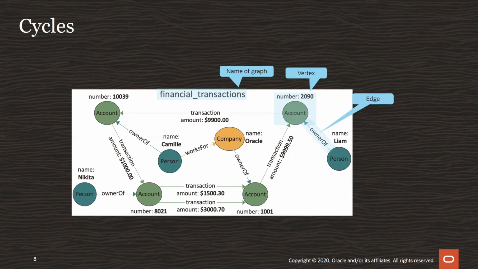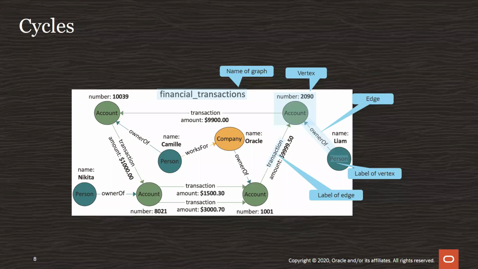Then Liam, as a person, is the owner of an account. So owner of account becomes the edge of that particular graph. The person who is owning that particular account becomes the property of that vertex, which is the label of the vertex. So the vertex is the account ID, and the person is the label or property of that particular vertex.